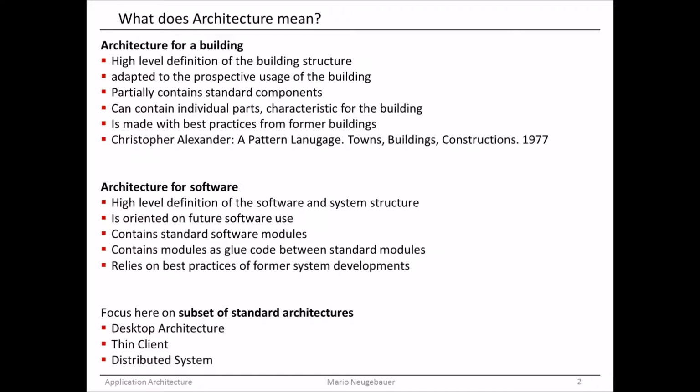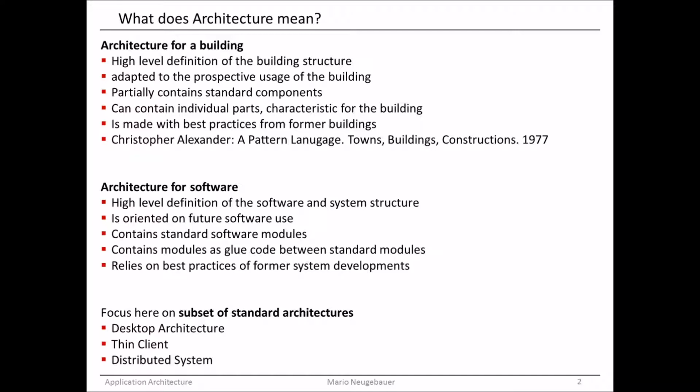If you talk about an architecture for a building, then for example, you talk about a kind of high-level definition of the building structure, of the building interior, of the building utilities, things which are built into the building for the purpose of the building. And later on, when the building is in use, then the architect should keep in mind if it's for offices, for example, or for living. So adapted to the prospective usage of the building.